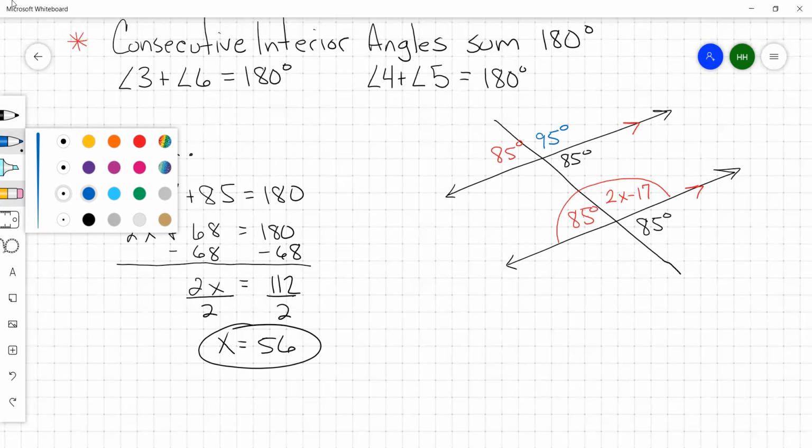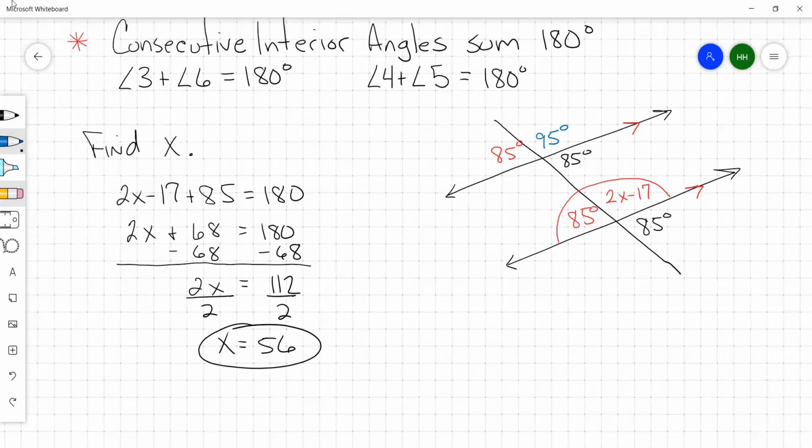The angle below it is a vertical angle to the blue 95, so it's 95. This blue 95 is an exterior angle, isn't it? And this angle right here is an alternate exterior angle to the blue 95. Those two are congruent, so this angle is also 95 degrees.